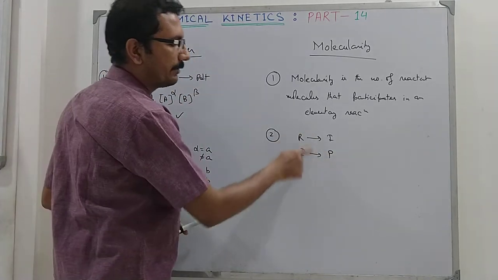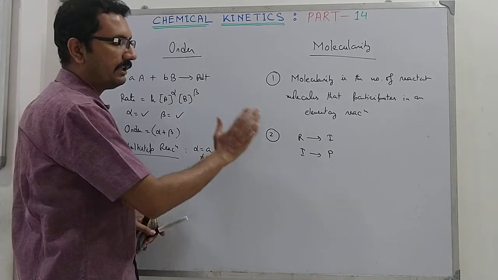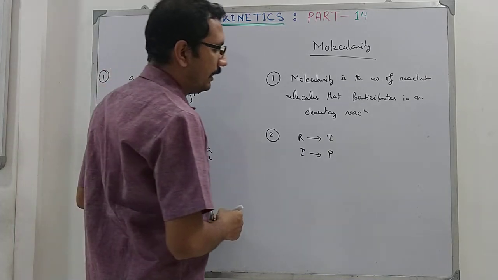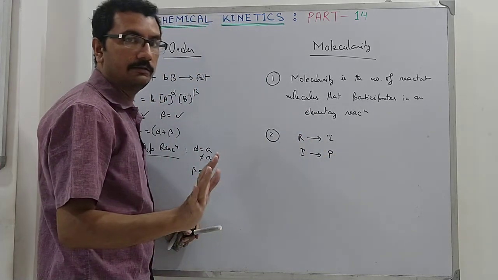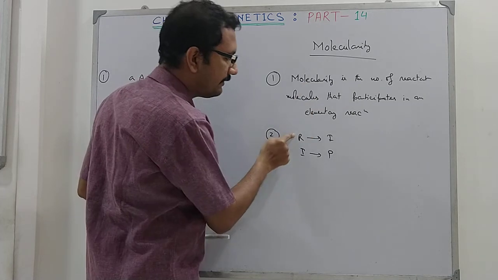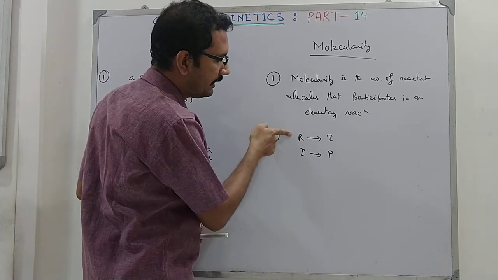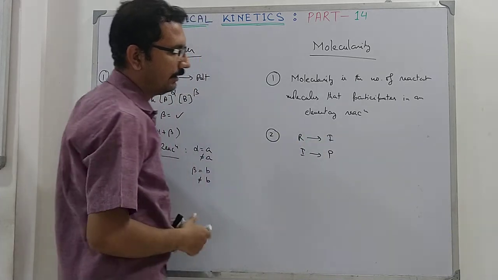So there are two steps here: reactant to intermediate, and intermediate to product. This is the simplest multi-step reaction. Here the molecularity for the overall reaction is meaningless. You have to assign molecularity for each elementary step. This is an elementary step, this is an elementary step. Combining these, you have the multi-step reaction.